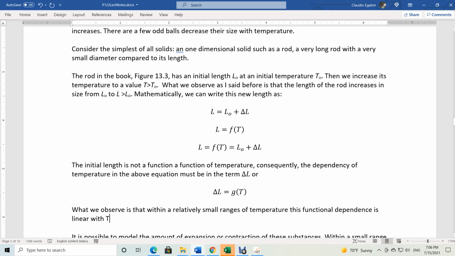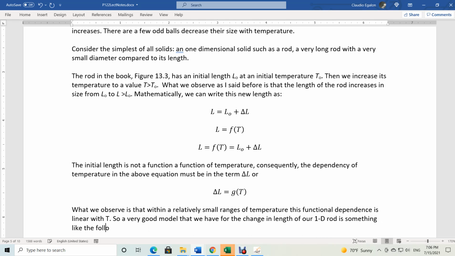So a very good model that we have for the change in length of our one-dimensional rod is the following.